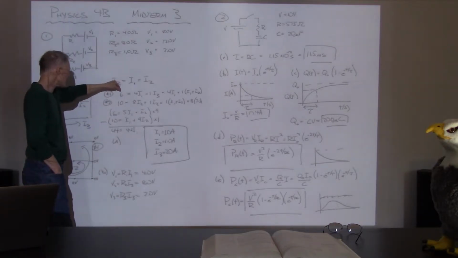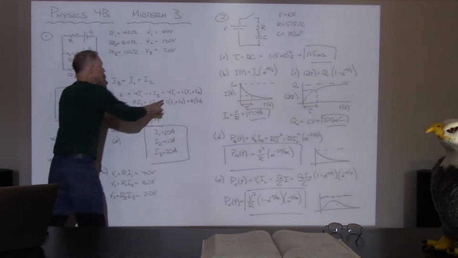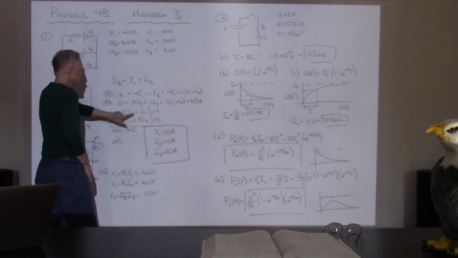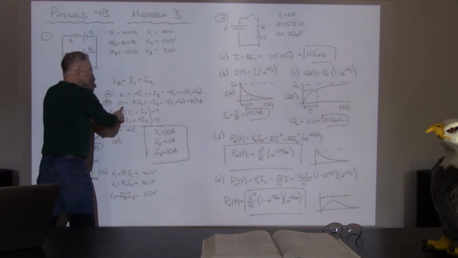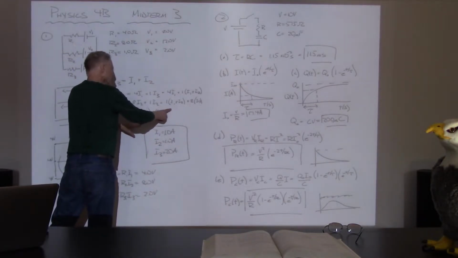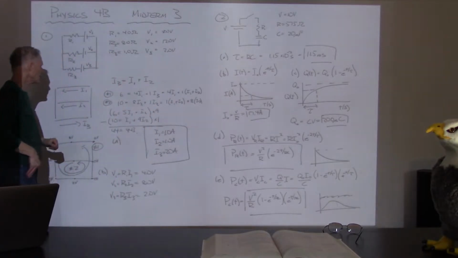Then I rewrote the equations right here. So now it is 6 is equal to 5 I1s plus an I2, and 10 is equal to an I1 plus 9 I2s.